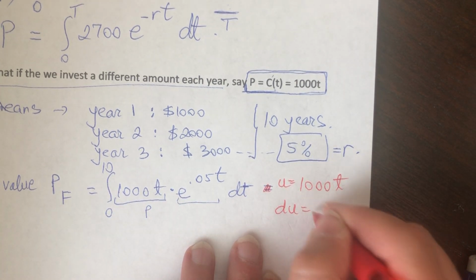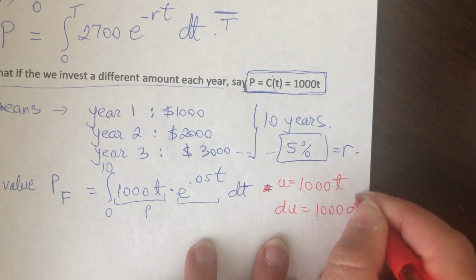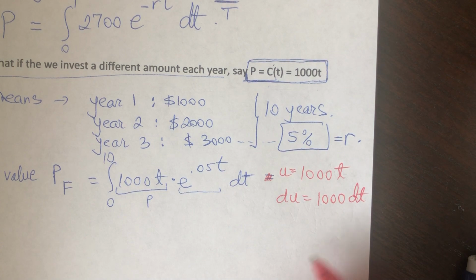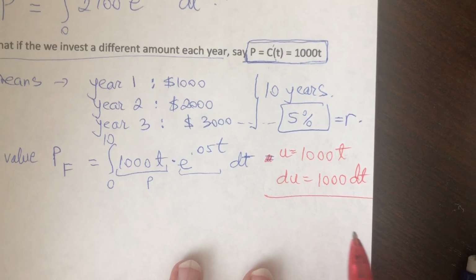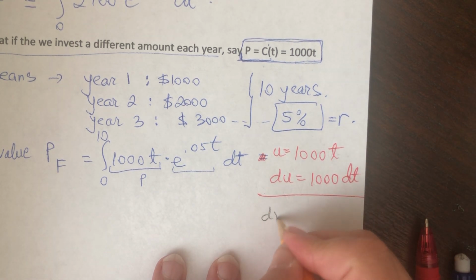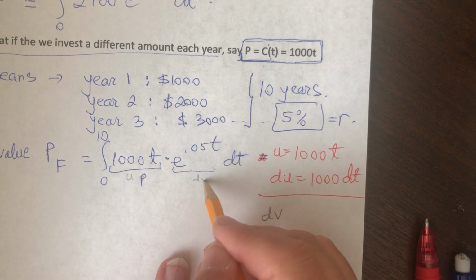So du, what's the derivative of this with respect to t, is 1000 dt, yes? So du dt, right, same thing, we throw the dt over. Now on the other hand side, who should be our dv? It's the rest of it, so that's your u, and that's your dv.